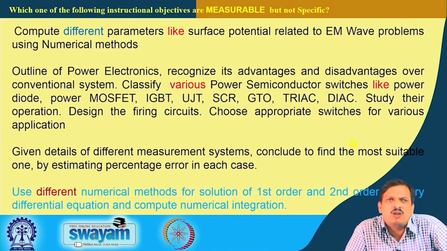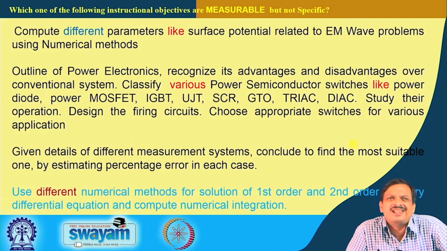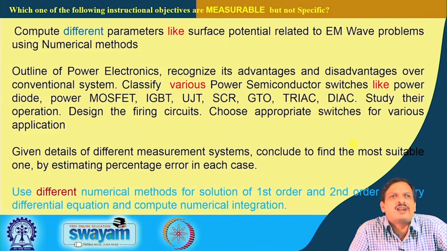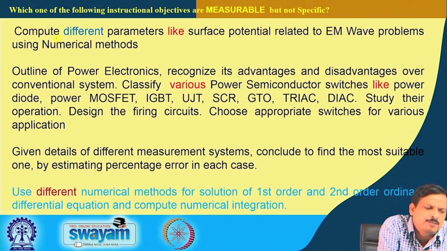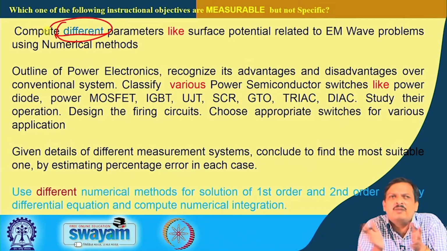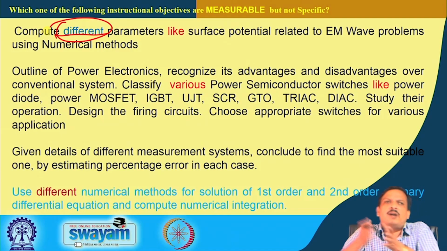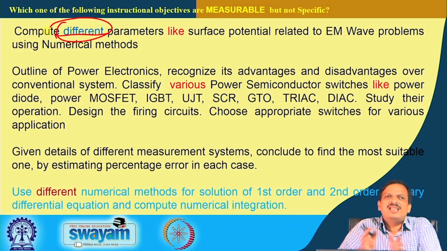In any outcome, do not write words like different, such as, basic, fundamental, because those words are non-specific. If I write different, how many there are, you have not told. Different parameter: suppose you cover 2 parameters in the class and an examiner asks about another parameter.